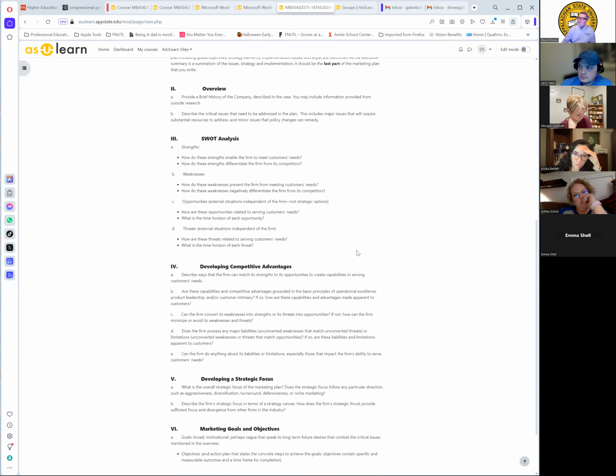After this, you will give out your SWOT analysis. The SWOT analysis will contain the strengths, the weaknesses, the opportunities, and the threats.